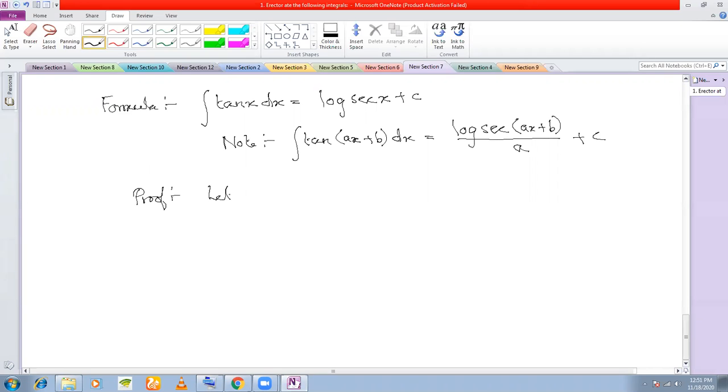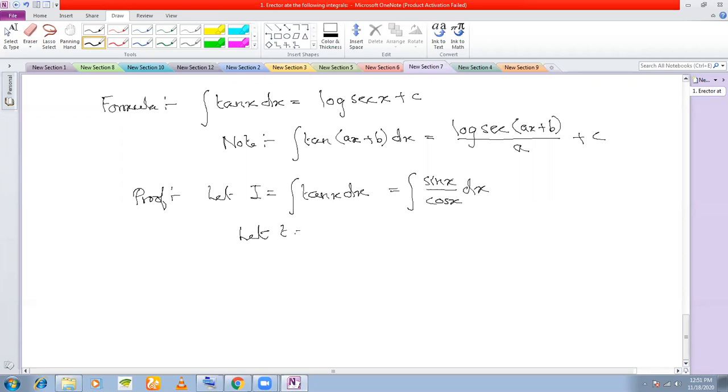Let I is equal to integral tan x dx. In this, what you do is first change tan to sin by cos. Now you know that the derivative of cos is minus sin.